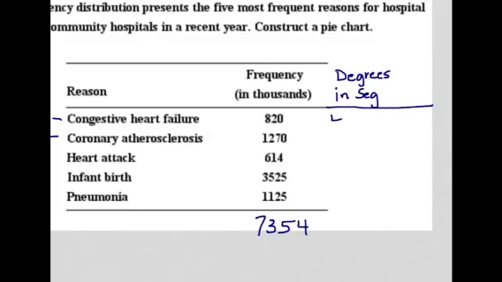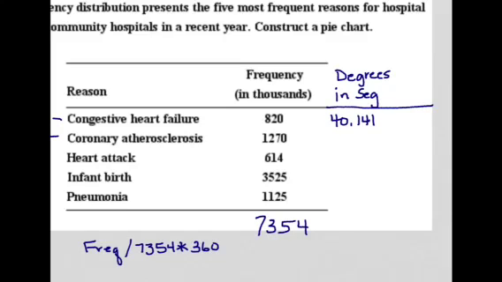So I'm going to write that in that space, take out my calculation, and I have 40.141. So I just took the frequency divided by the total of the frequencies, which in this case is 7,354, and then multiplied by 360.